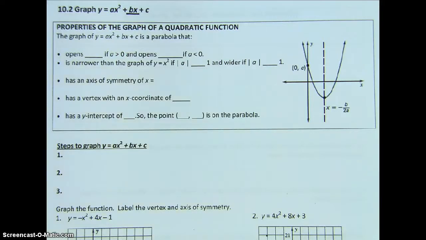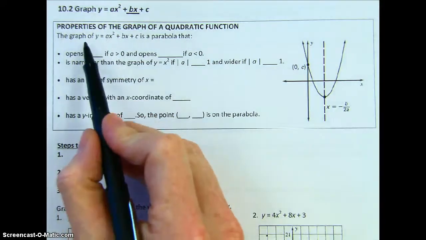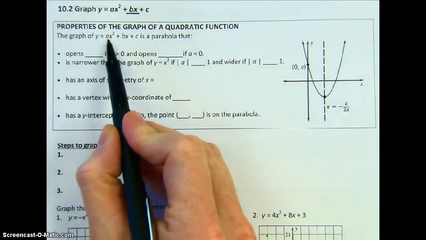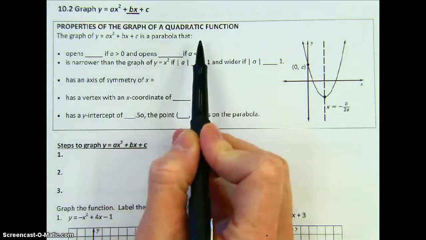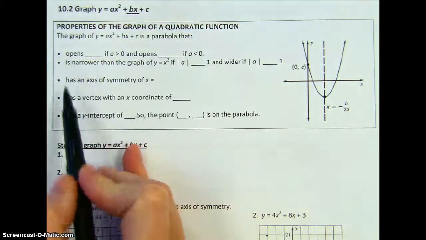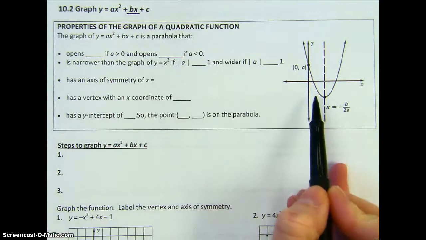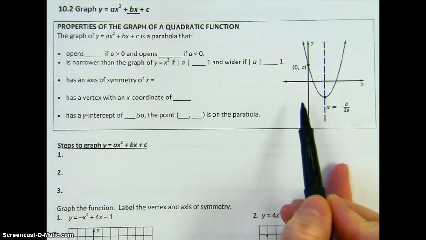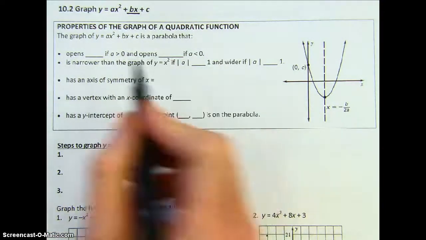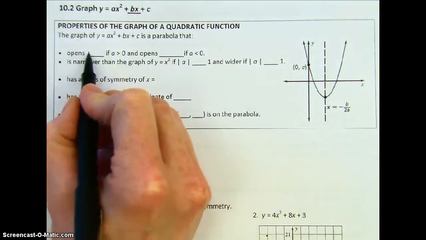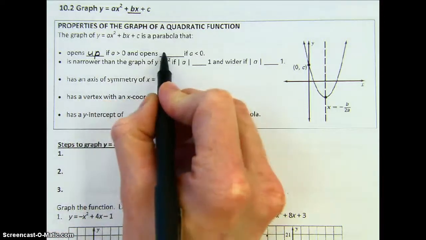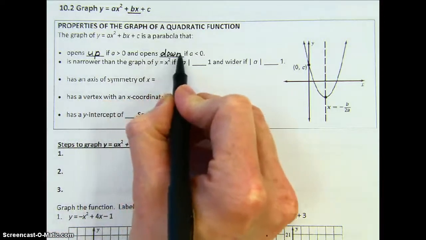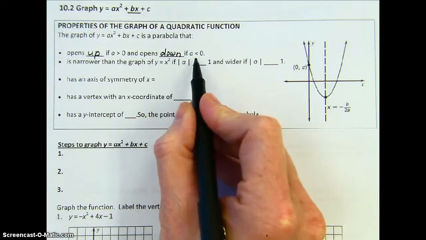So the first thing we're going to do is fill out the box at the top. It says that the graph of y equals ax squared plus bx plus c is a parabola that does these 5 things, and you can see it over here. The first thing, which we kind of did yesterday, is that the parabola will open up if a is greater than 0, and it opens down, which we know as a reflection, if a is less than 0.